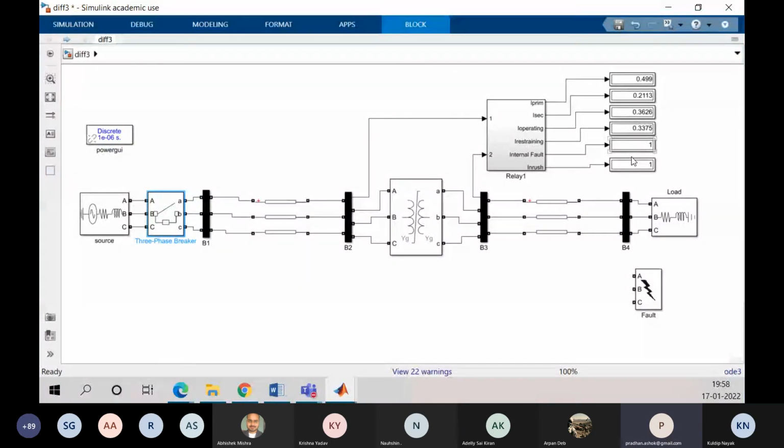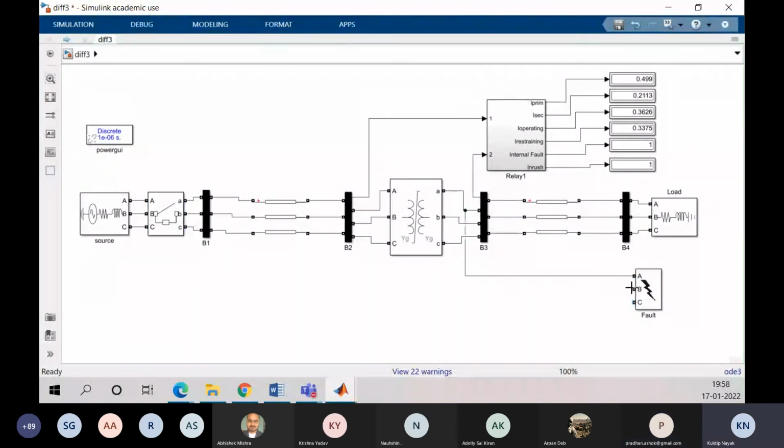Unless you block it, it will trip. But now it is showing an inrush situation, so the relay will block it. If both are 1-1, the relay will go for a block. Whenever the internal fault is 1, at that time the inrush must be 0 to make a trip decision.